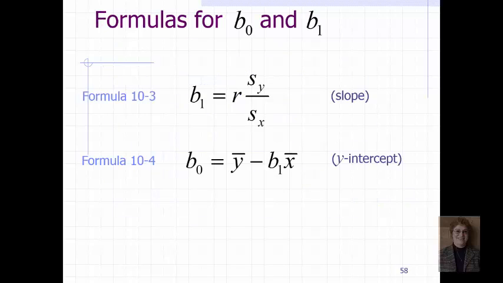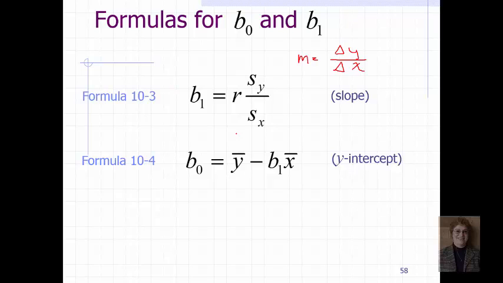on StatCrunch. So b sub 1, remember, is our slope, and it's going to be r times the standard deviation of y over the standard deviation of x. Now, if you remember, the slope m equals the change in y over the change in x.